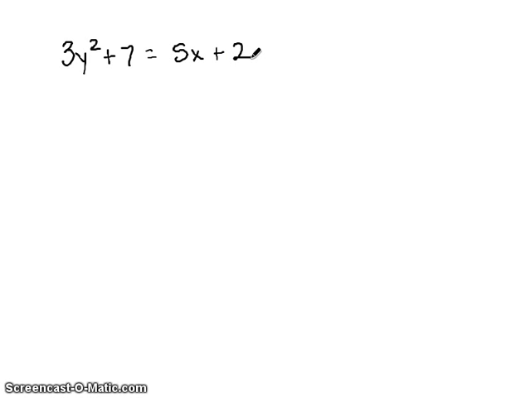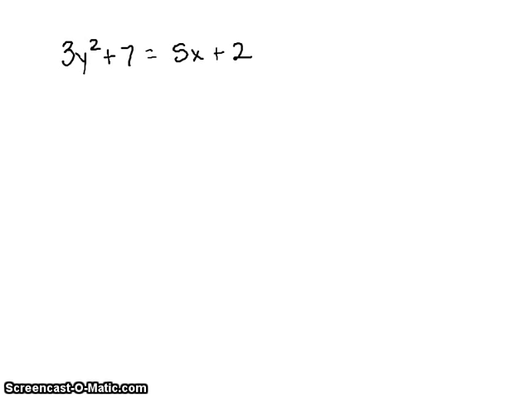Now you could, if you wanted to, subtract this 7, divide by 3, take the square root, and then you have an explicitly defined function like we're used to. But that's a whole lot of work when implicit differentiation isn't really that difficult. So implicit differentiation is the same idea, the same concepts, the same rules as explicit differentiation.